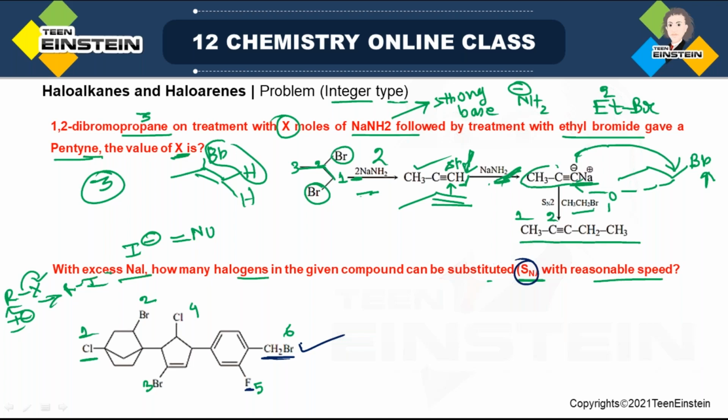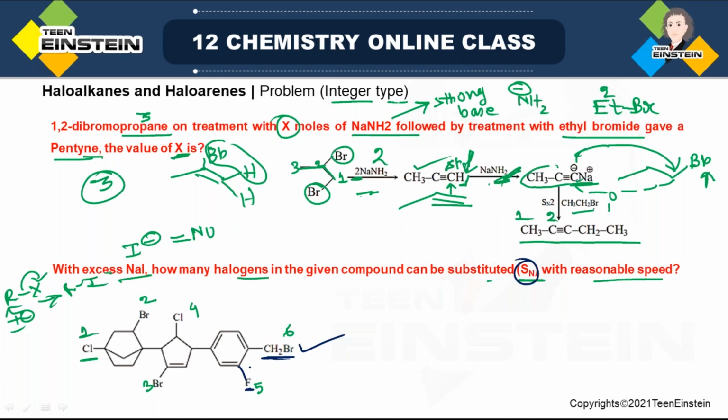Though we will see some examples probably in this class or in the next class, remember that it is not very common. And why is it not common? Because here the bond between carbon and the halogen has some double bond character because of resonance, and that is why breaking this bond is very difficult.